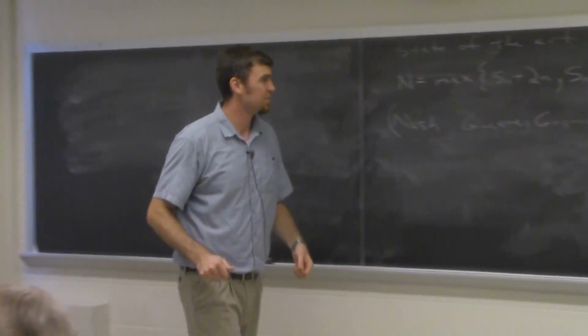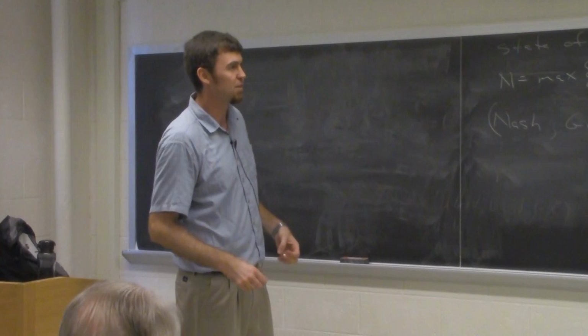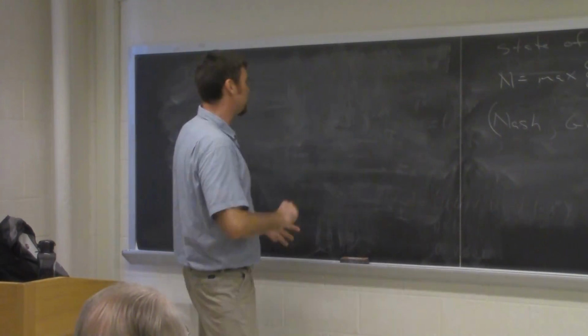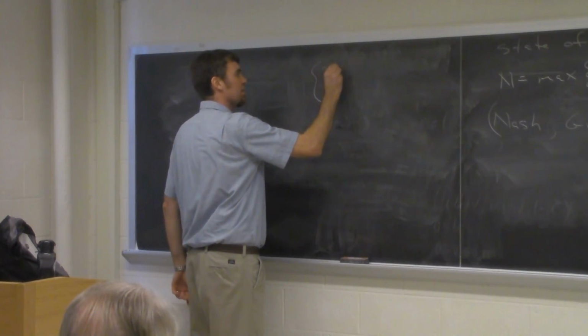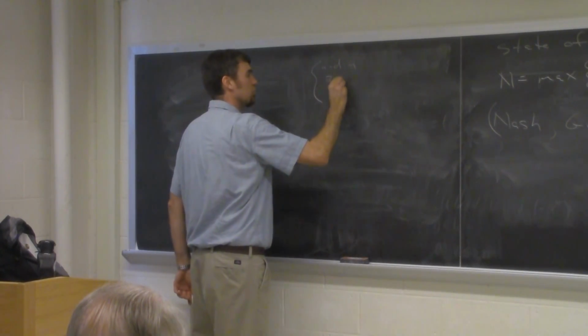All right, so the last thing I want to say here is I erased the Nash stuff. Probably not the best idea. So the Nash stuff was, I can write this real quick, Riemannian manifolds.